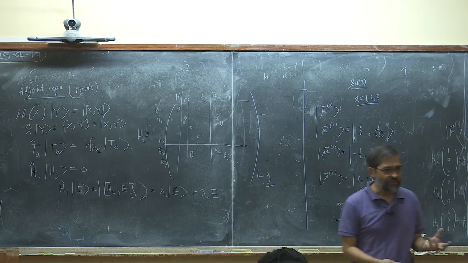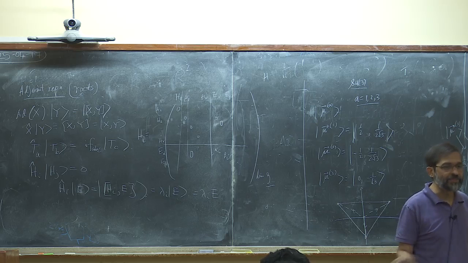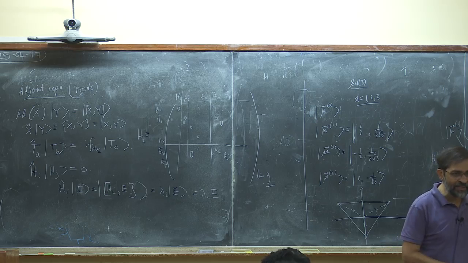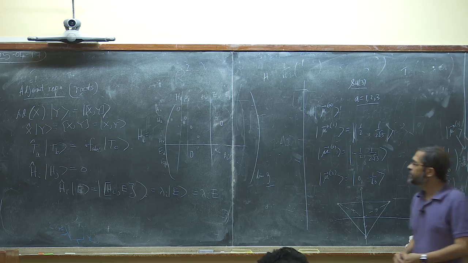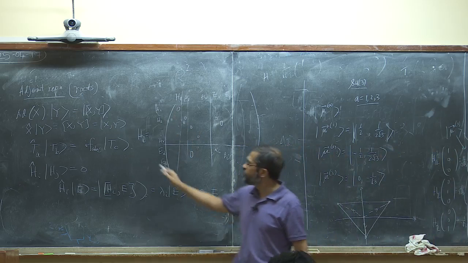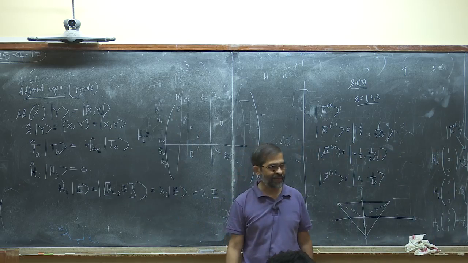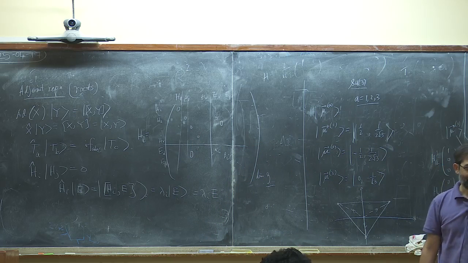So H1, H2, H3 up to HR are mutually commuting in any representation. In particular, they are also mutually commuting in the adjoint representation. What does it mean? That means I should be able to find some basis in which all of these Hi are diagonal. Is that clear?